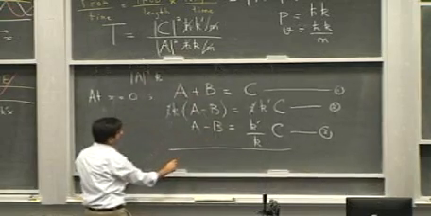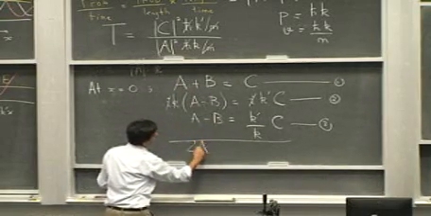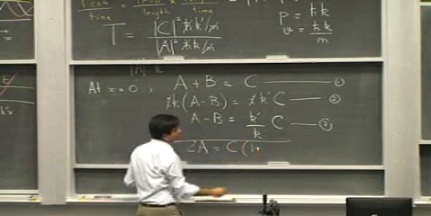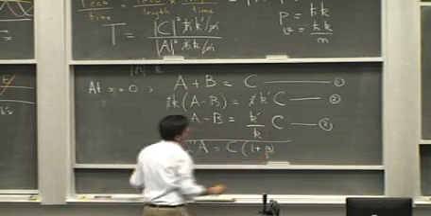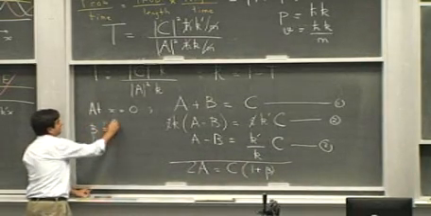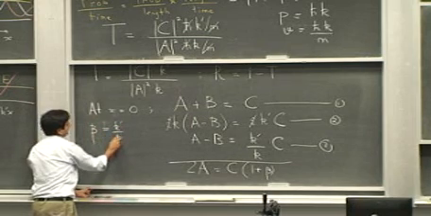The B cancels out, I get 2A equals C(1 plus k' over k). Let's call k' over k as beta. I just define k' over k as beta.